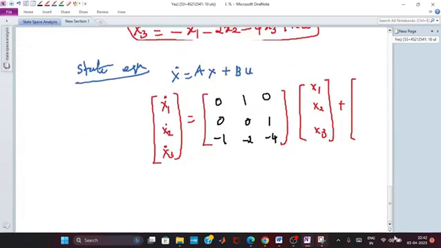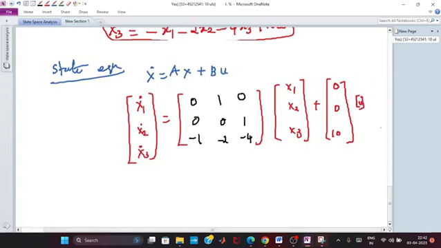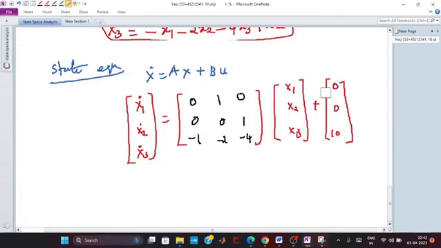So 10u is the same as in your previous problem: here we put 0 0 and multiply by 10, so 10 times u. So this is the value of the state equation.